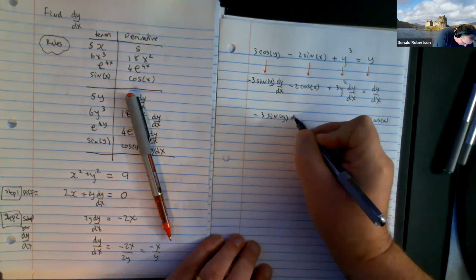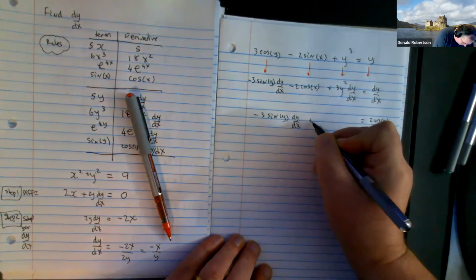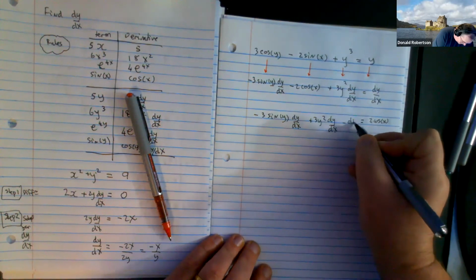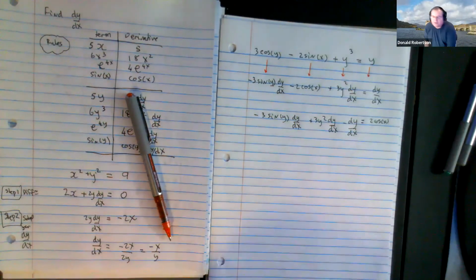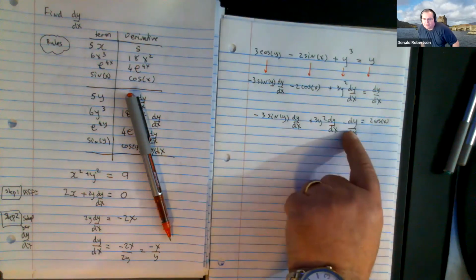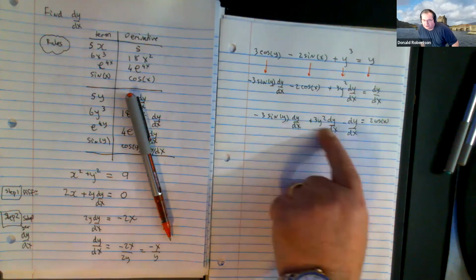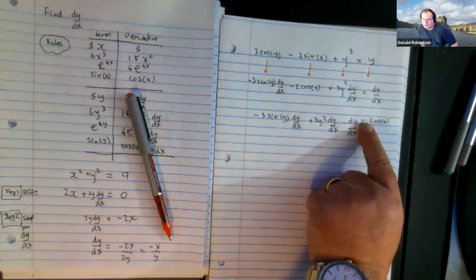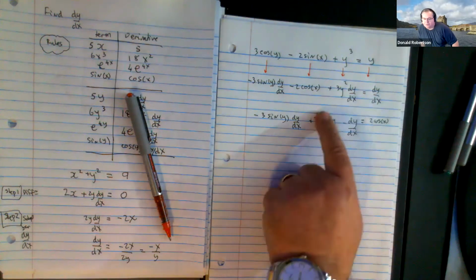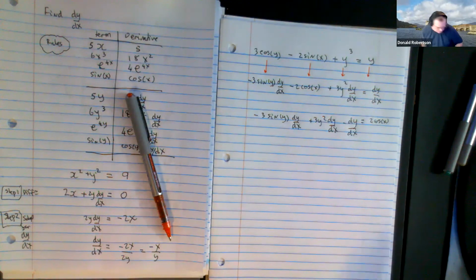And when I do that, so I finish writing this down, we get that. Are you comfortable with that line? I added and subtracted things from both sides so that any term that had a dy by dx attached to it ends up on the left, and anything that didn't have one ends up on the right. Basically you add cosine x and subtract 1 dy by dx.